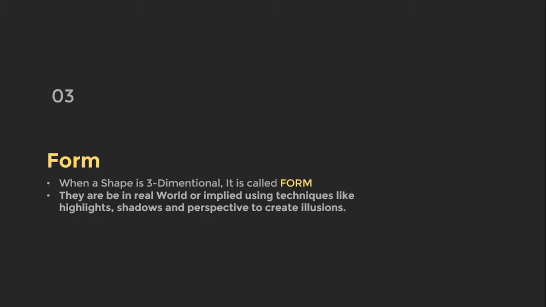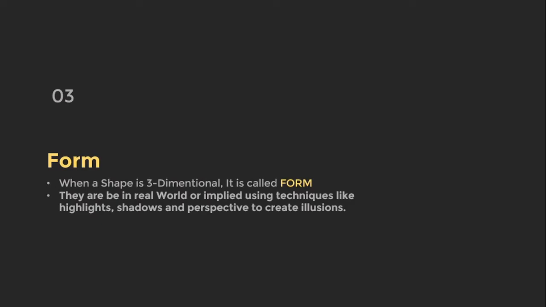That is, if you want to model a person, you want to create a vector out of a person and make it look very realistic, you're giving it form instead of the flat icon, flat object that is created with lines and colors and shapes. You want to make it more realistic, and this is what form does. Form makes it three-dimensional. And how do you do that?